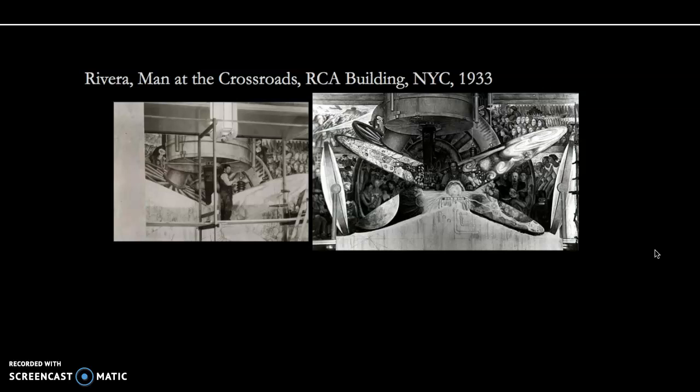And they gave Rivera the theme, Man at the Crossroads, with hope and high vision. Of course, the Rockefellers wanted Rivera to portray a kind of capitalist, entrepreneurial vision, but Rivera had a very different idea. And we see Rivera here working in situ on this large mural.